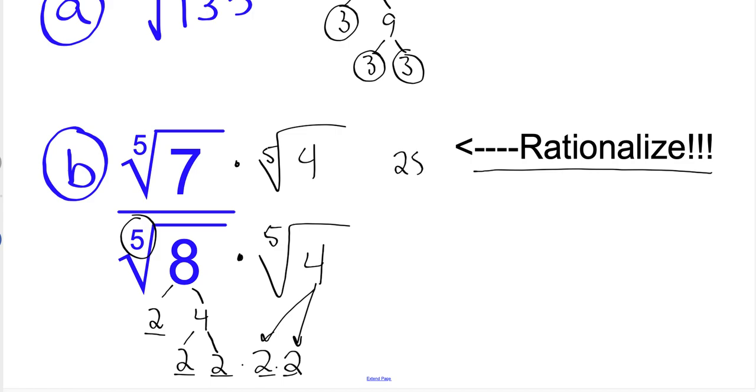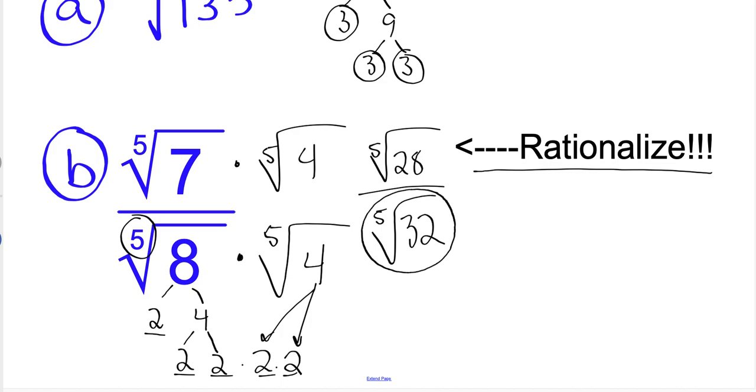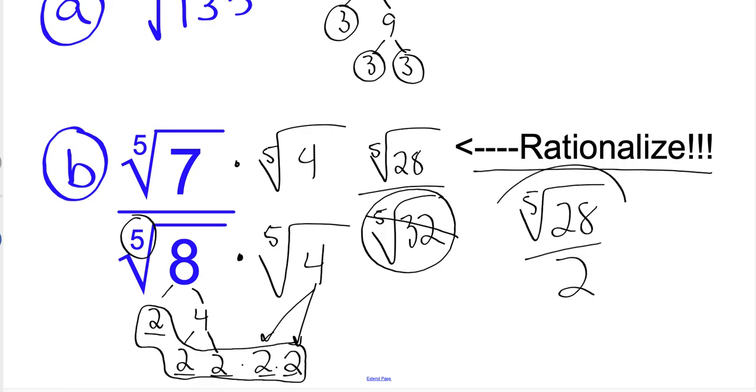So we have fifth root 28 on the top, and on the bottom we have fifth root of 32. Okay, and I don't really need to do this step because I know if I were to do a factor tree with that 32 again, I would have 5 2's. So this is just a 2. So fifth root of 28 over 2. And that's what you'd have to do to rationalize.